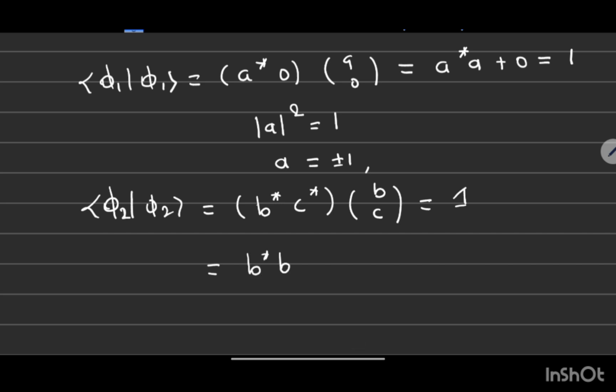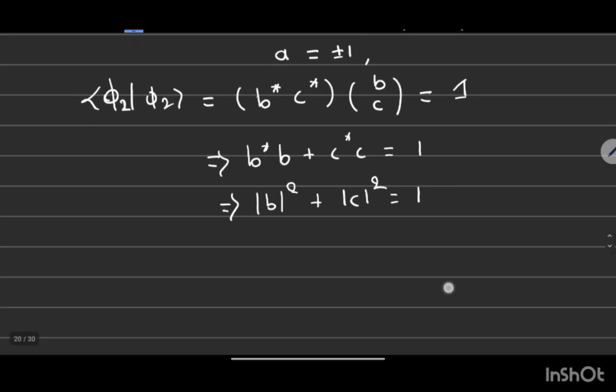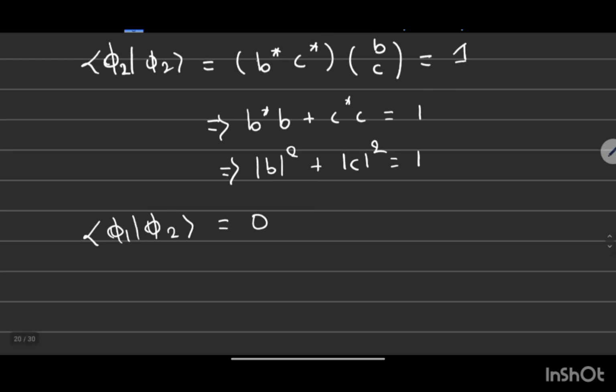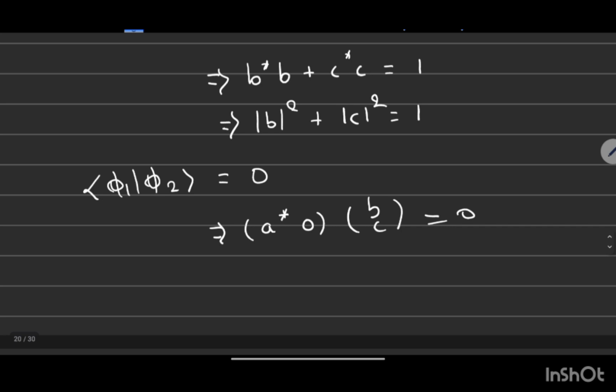So B star B plus C star C equals 1, that is mod B squared plus mod C squared. So the summation of mod B squared and mod C squared should be equal to 1. Again we will also apply the inner product of phi1 with phi2, that should be equal to 0.